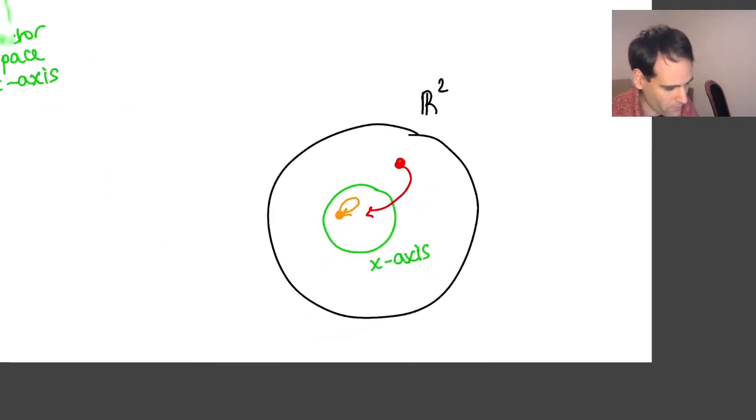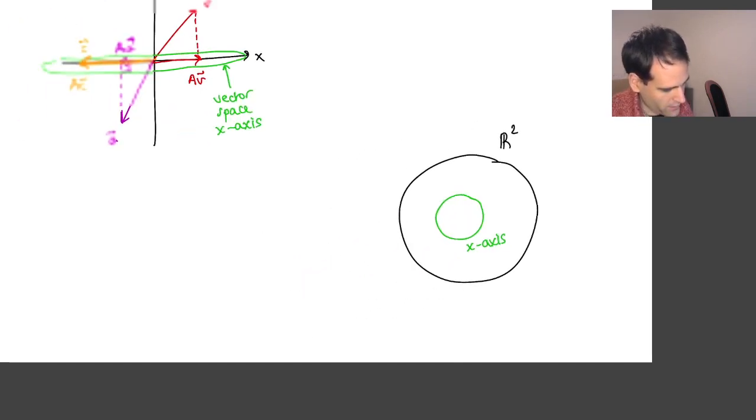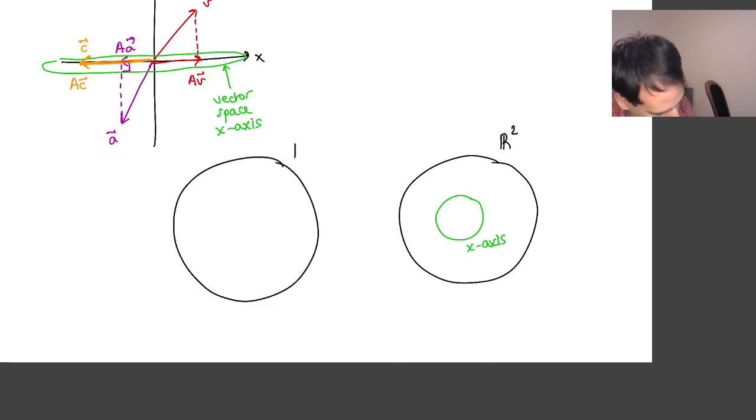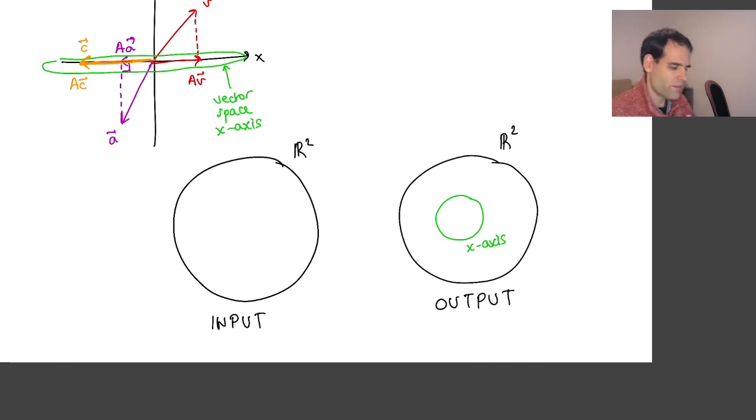An even better way of representing this, instead of drawing arrows, we can do this. We can say, okay, let's draw the input vectors on the left. So this will be the input space, and the output spaces on the right. So now what does the transformation do? The transformation gets points, such as point A, from the input.